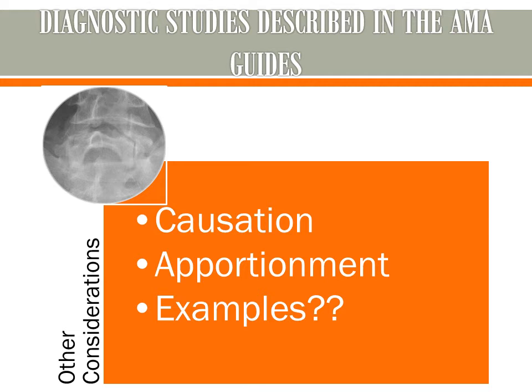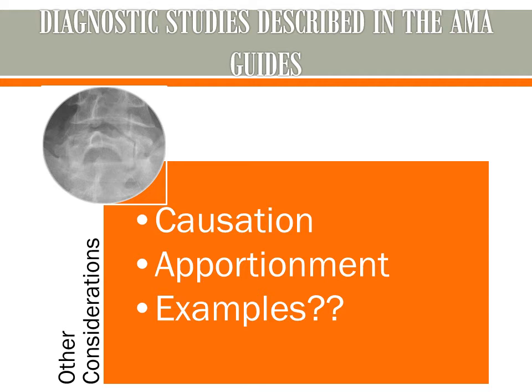So the point of this discussion is to make sure to order the appropriate diagnostic studies. And when you order those diagnostic studies, make sure that they're done perfectly every time.